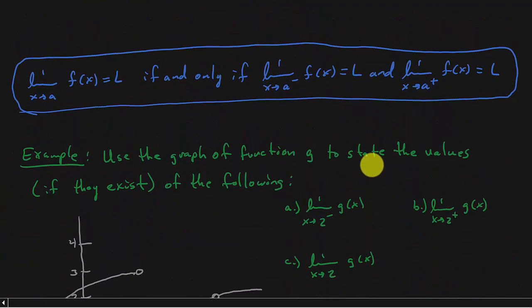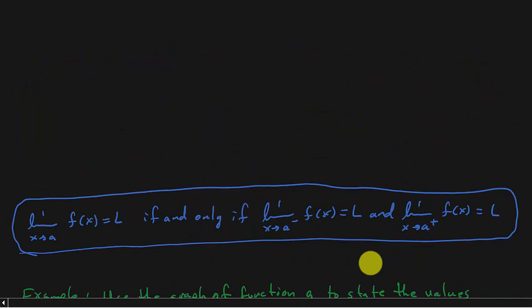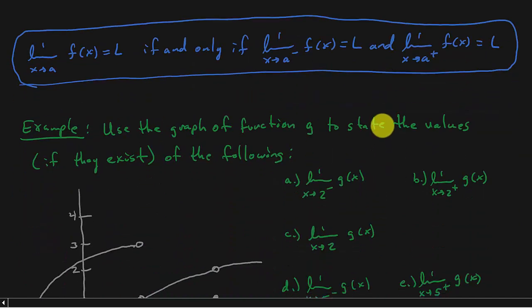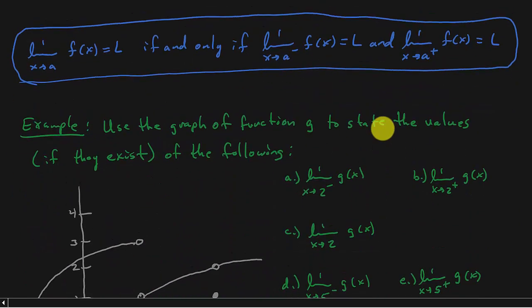And so now, we'll go ahead and go to this. So we've got the limit of f of x as x approaches a is equal to L if and only if the limit of f of x as x approaches a from the left and the limit of f of x as x approaches a from the right are both equal to L. So that's pretty neat.